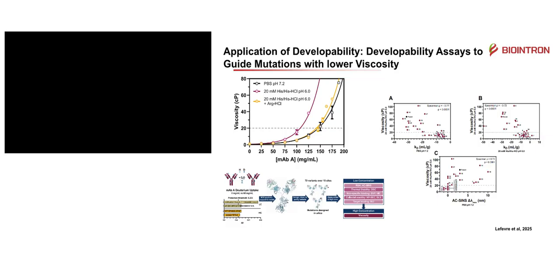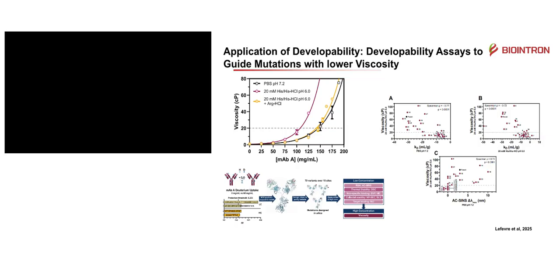And this antibody before was not a very good antibody because the viscosity is quite high. They tried to find the self-aggregation site with hydrogen deuterium exchange mass spec, found the site, and did some structure prediction and some mutations.